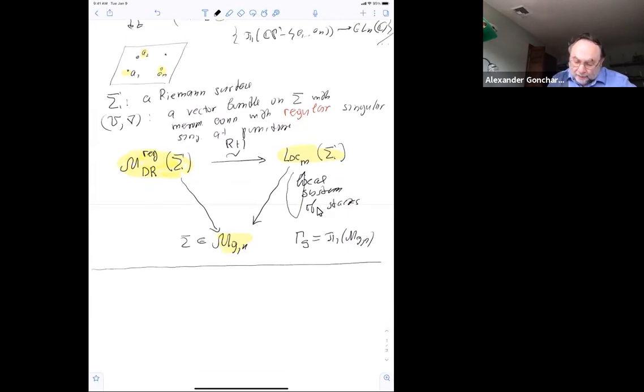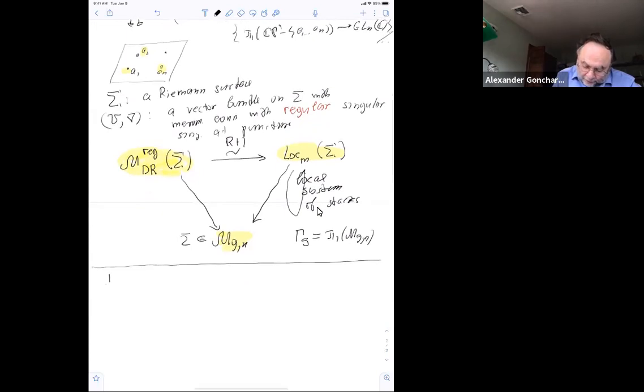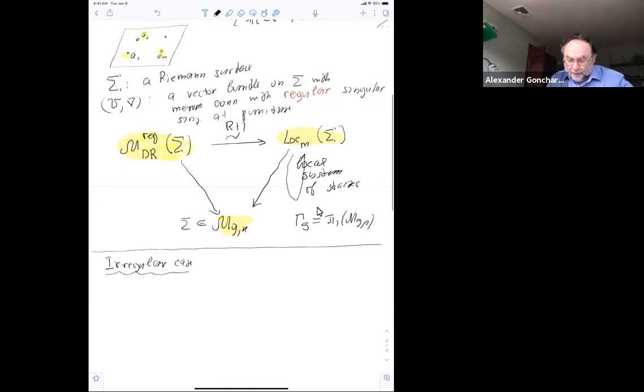Now, I assume that we're talking about the irregular case. So in the irregular case, the picture is somewhat different and somewhat similar.